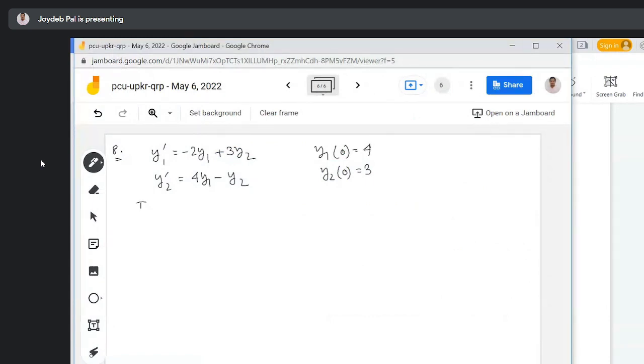So taking Laplace transform on both of the equations.